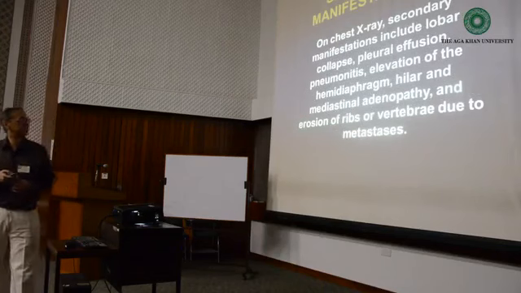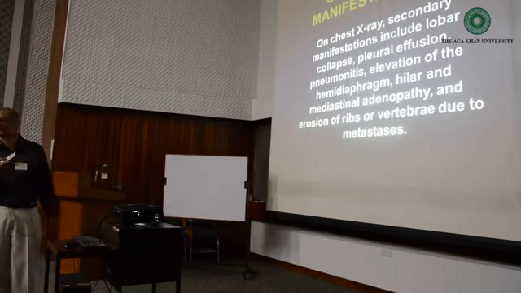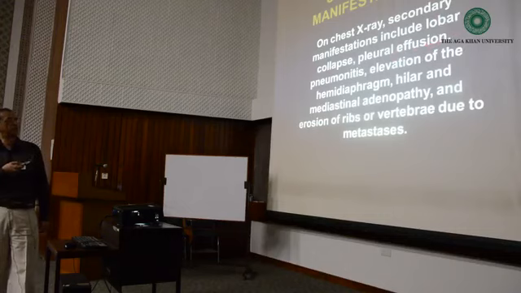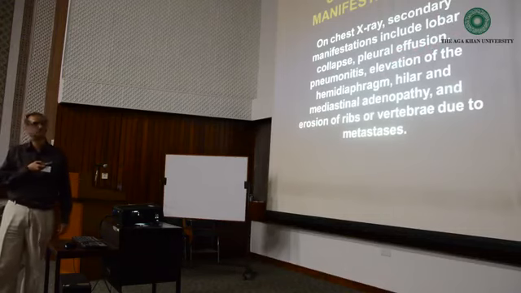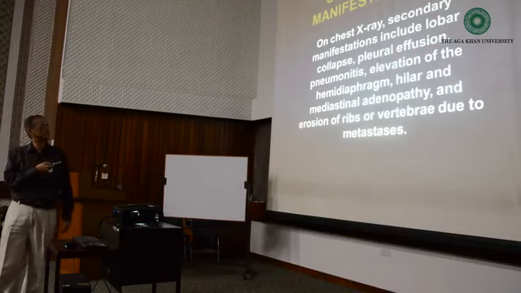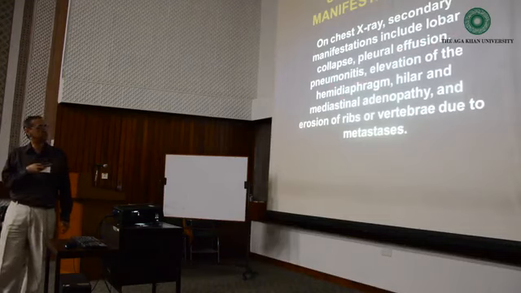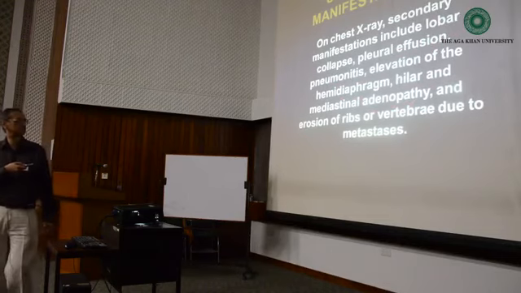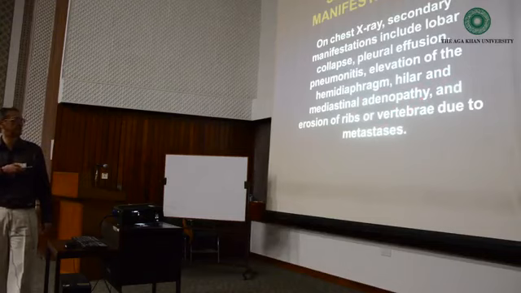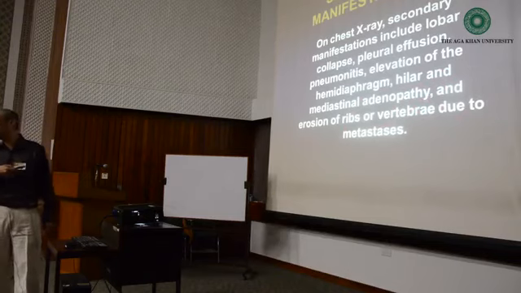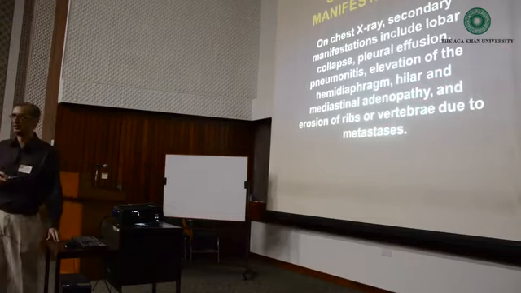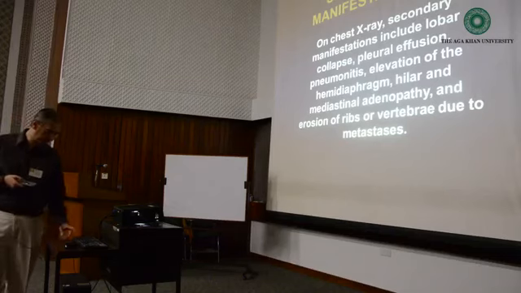The secondary manifestations can be collapse of part of the lung. There can be pleural effusion if the pleura gets involved. Pneumonitis is infection. Diaphragm elevation, lymph nodes get big or enlarged. Ribs and vertebrae get eroded due to metastasis or spread from the primary tumor.